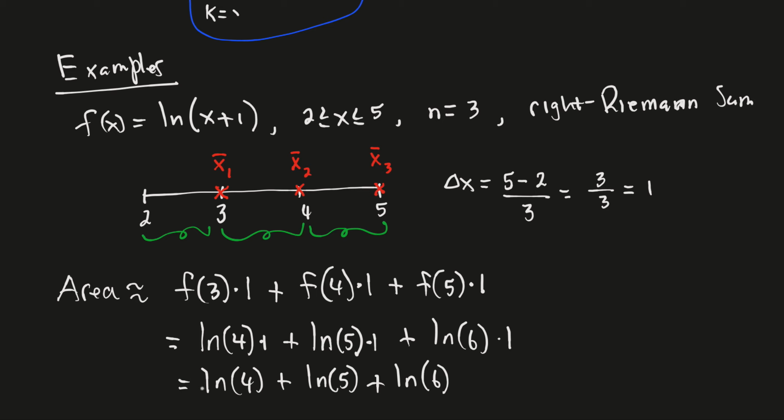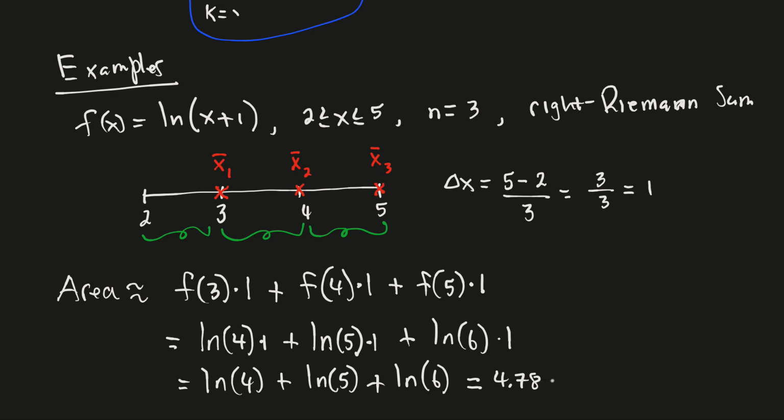And then this is where you'll get out your computing device, whatever type of calculator you're using. And so I am going to assume you know how to evaluate the natural log on your calculator. So I'll say that this sum comes out to be, and you can verify this, I encourage you to do that, 4.78.